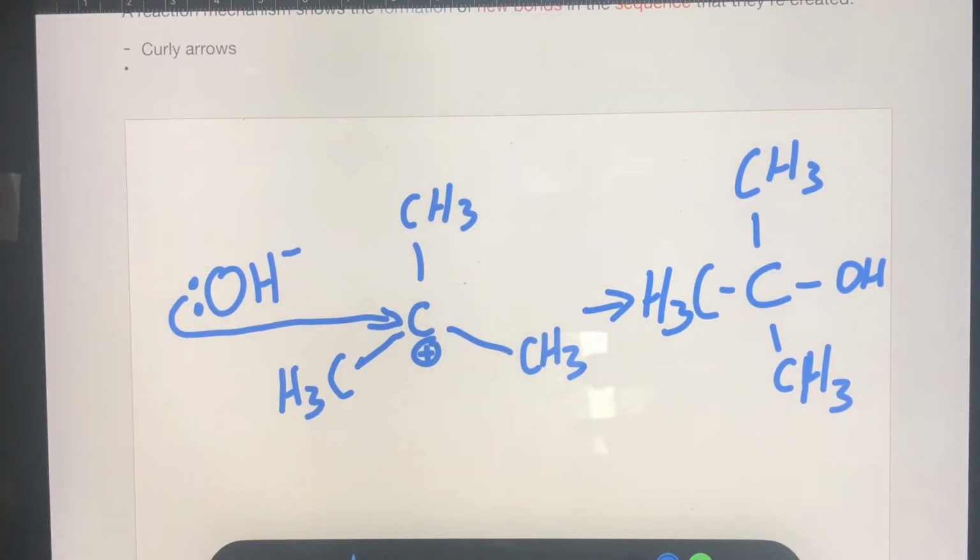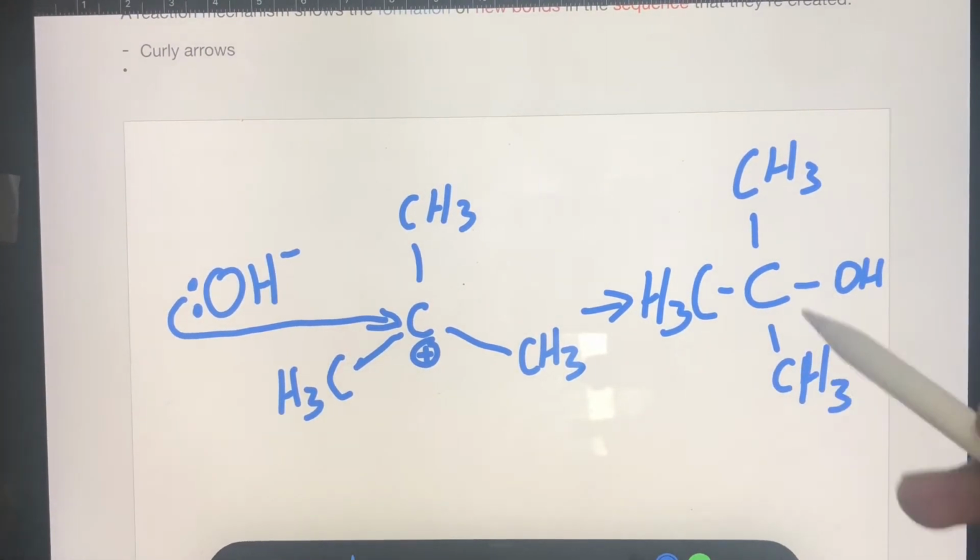Alright, so in the molecule there, it'll be 1, 2, 3. This is 2-methyl propan-2-ol. There you go. But it's the idea of the curly arrow.